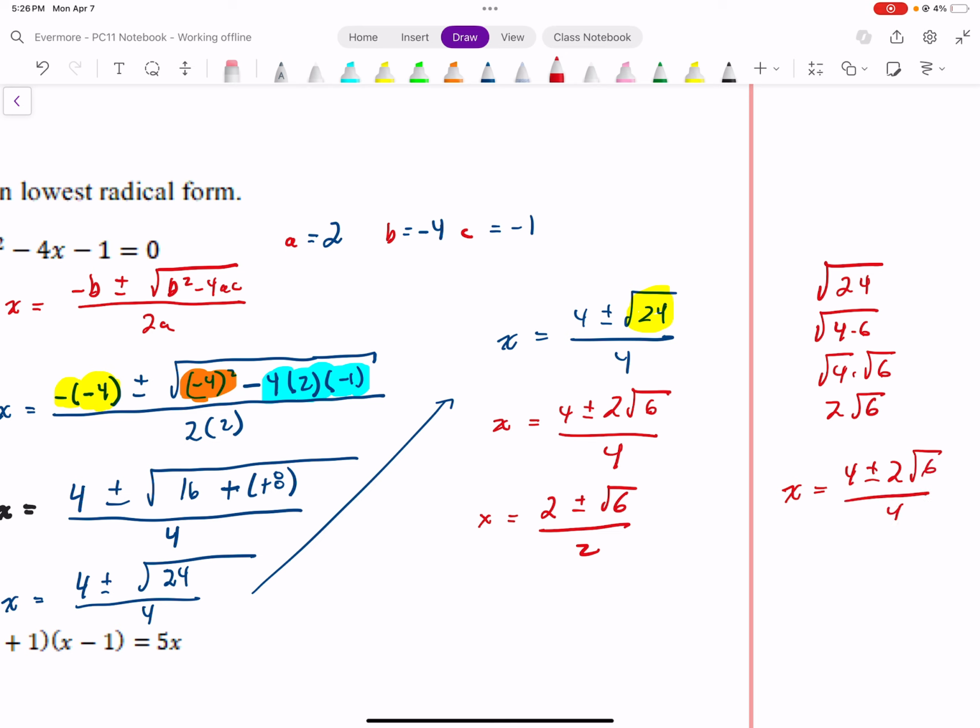But alternatively, you could factor out 2 from the top, you could factor out 2 from the bottom, and cross out your common factor of 2, since they're the same. And that's where you get 2 plus or minus root 6 over 2.